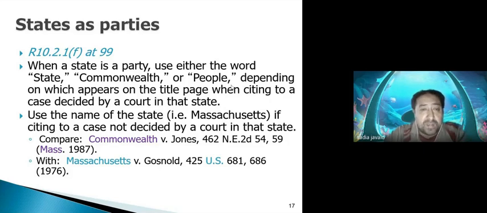So you only need to mention the state name. Use the name of the state, that is Massachusetts, if citing to a case not decided by a court in that state. Compare Commonwealth versus Jones with Massachusetts versus Gosnell, 425 U.S. 681, 686 (1976).